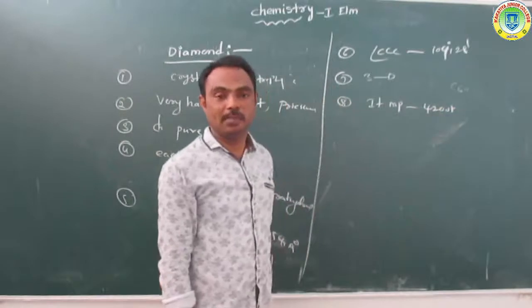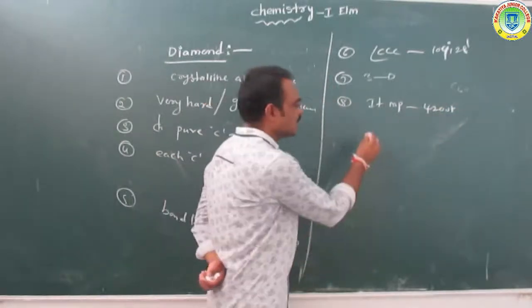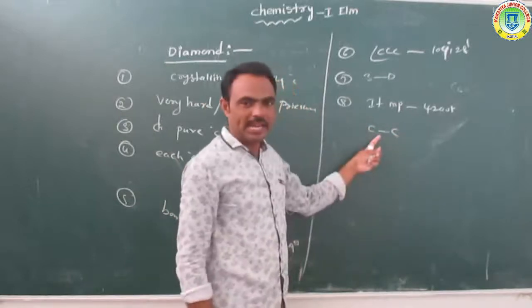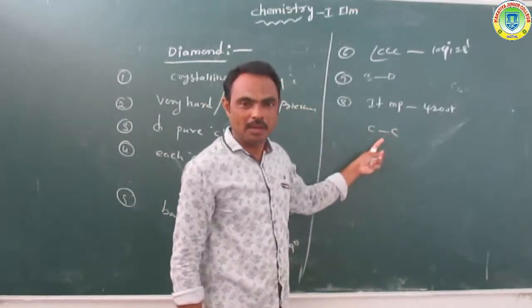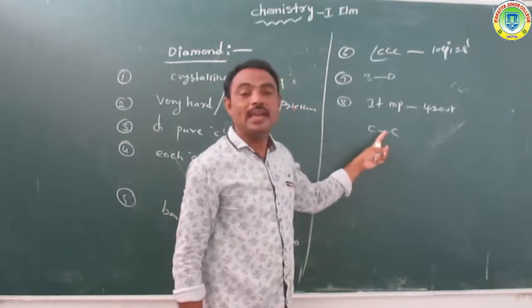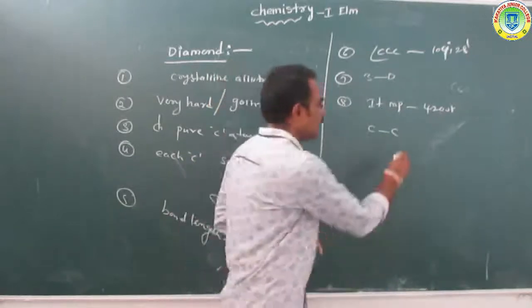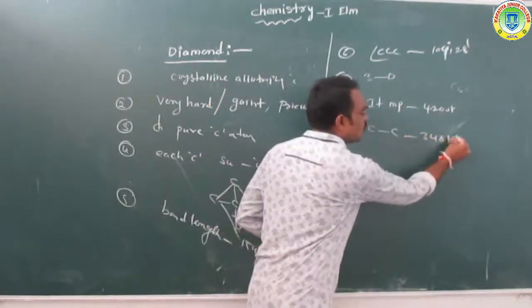It has a melting point of 4200 Kelvin, because between carbon and carbon in diamond, there is very high bond energy. Already we know that. How much? 348 kilojoules per mole.